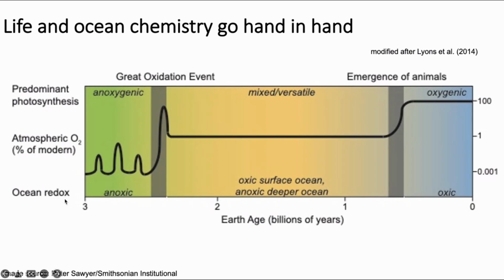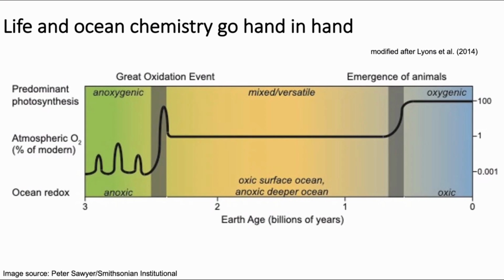By ocean redox state, all I'm really saying is the amount of oxygen present within any given water column in the ocean. You can see that prior to about 2.5 billion years ago, there was really limited atmospheric oxygen. So there was no oxygen in the oceans, and anoxygenic photosynthesis dominated. If we fast forward to about 500 million years ago, the world is flush with oxygen as it is now. Our oceans are now fully oxygenated, and all kinds of biological evolution has occurred in this time period.